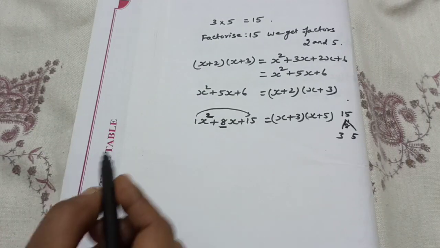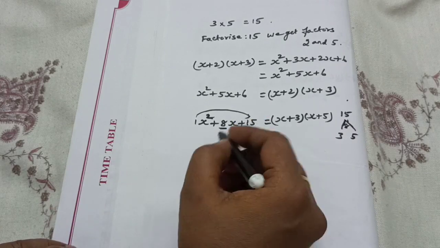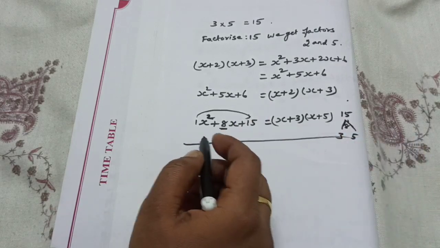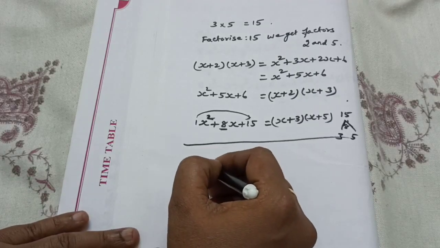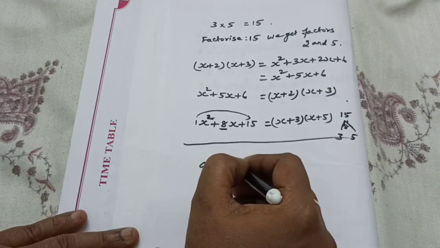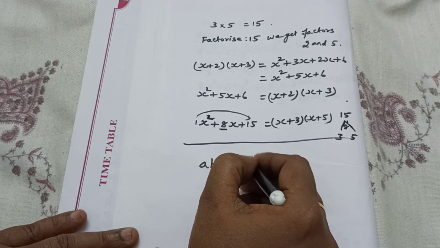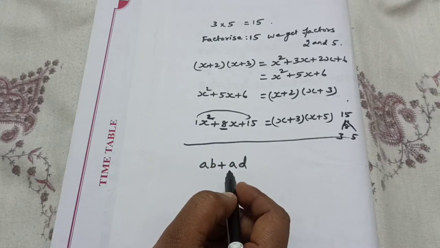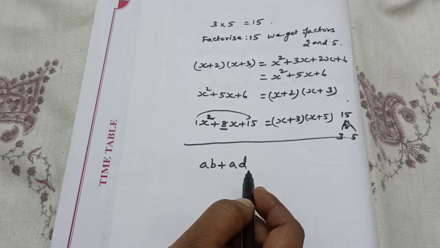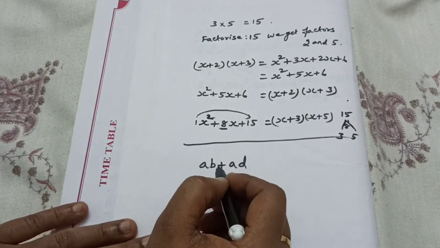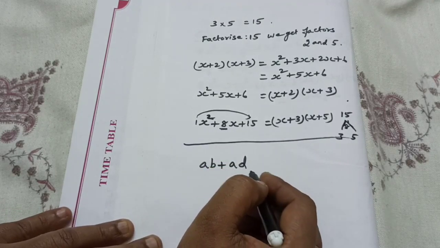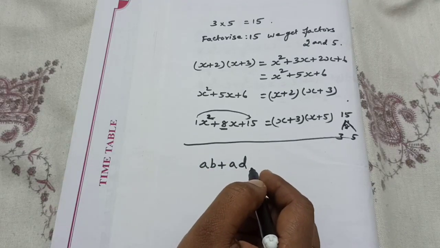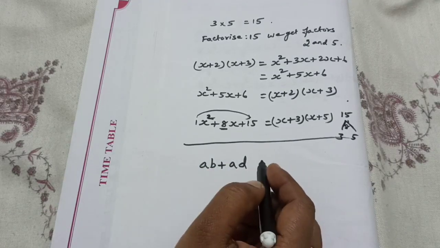Then two important ways of factorization are given. Suppose here AB plus AD is given. This has two terms, this is one term, this is another term. Then we have to convert into the factorized form.